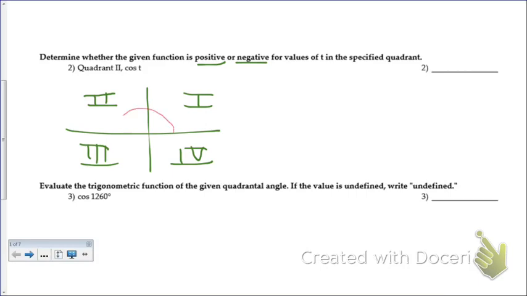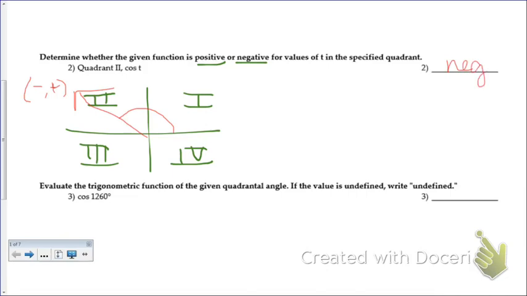So we have some angle that comes over here and lands in quadrant 2. I don't even know where it lands. It doesn't even matter. In quadrant 2, x's are negative and y's are positive. And for cosine of the angle t, t could be theta, it could be any angle, just a variable for that degree. Cosine is equal to x, and x is negative, so my answer should be negative.